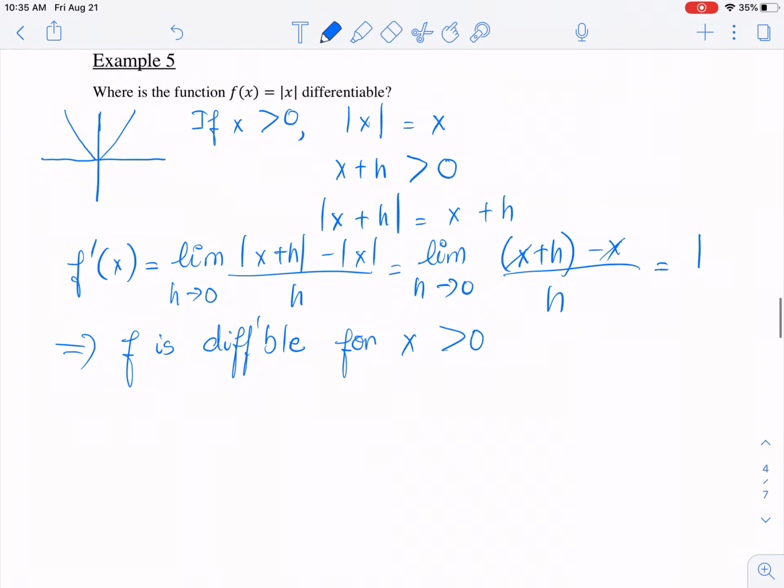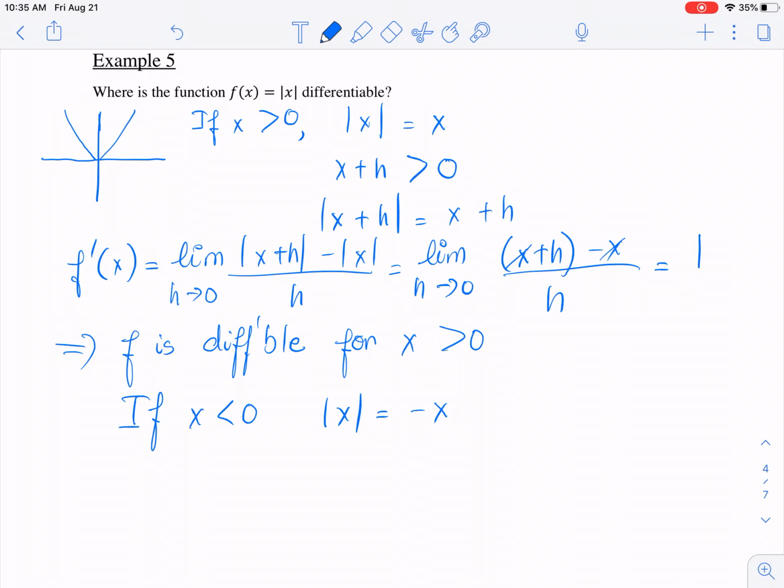Now let's try negative, so x less than 0. The absolute value of x is going to be negative x.